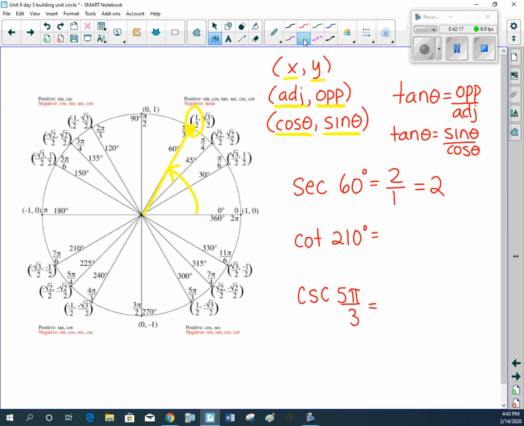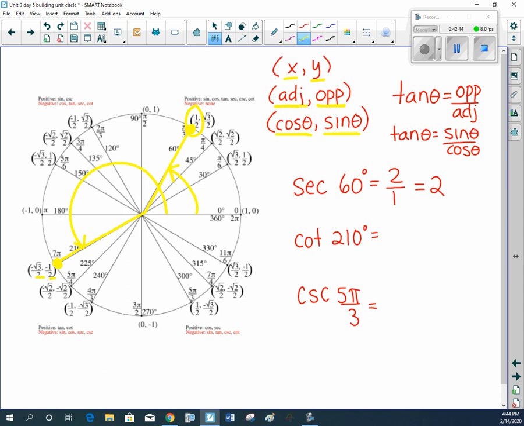I'm going to rotate to 210 degrees, which puts me right here to my terminal side. I'm going to draw that terminal side in. I'm going to find the point that's associated with that. And then I'm going to figure out what cotangent is. Well, cotangent is the reciprocal of tangent. So if tangent is sine over cosine, then I'm going to want to do cosine over sine.